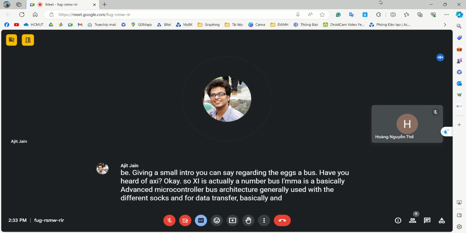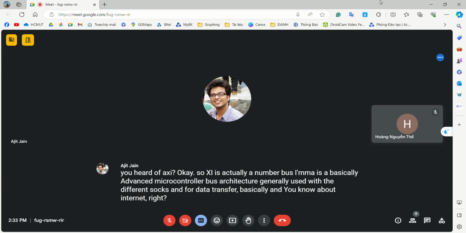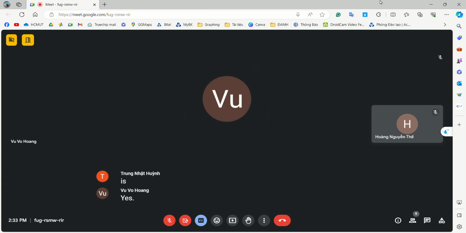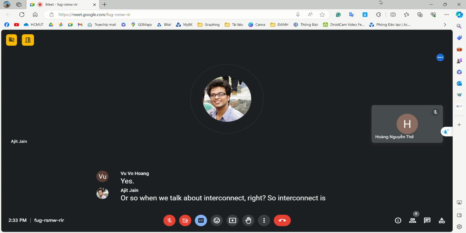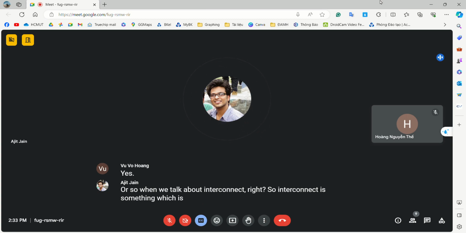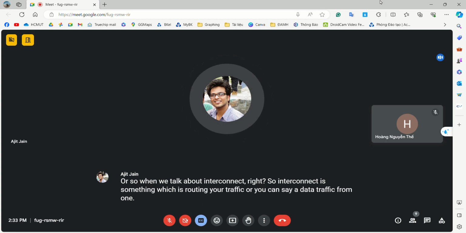And you know about interconnect, right? Yes, sir. When we talk about interconnect, it is something which routes your data traffic from one source to another destination.